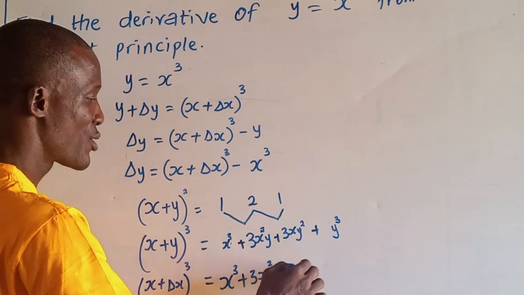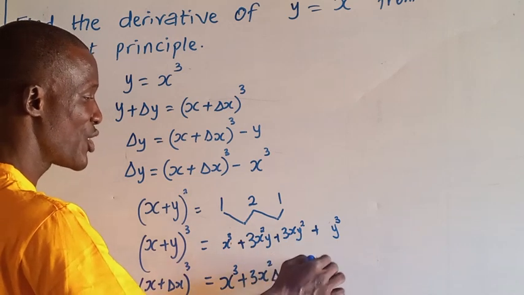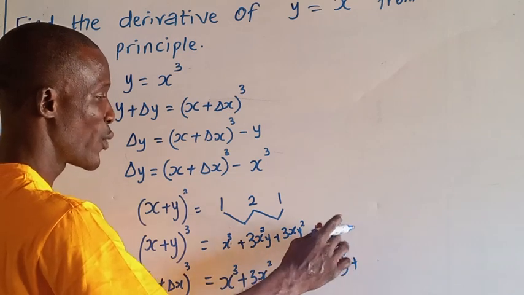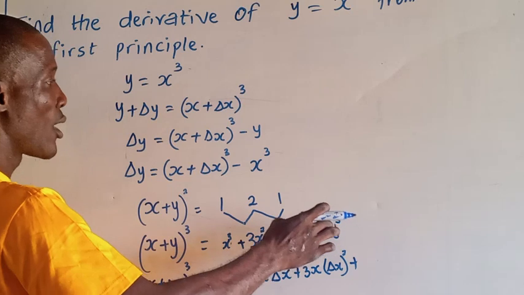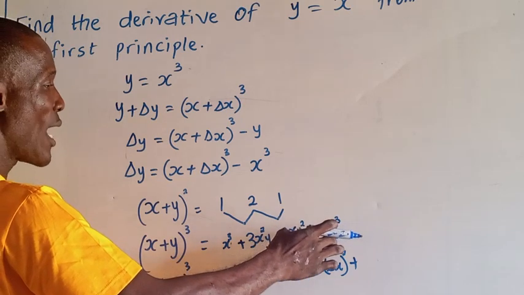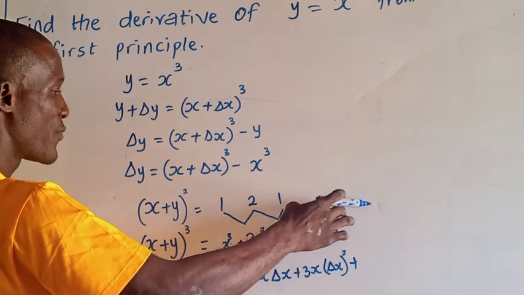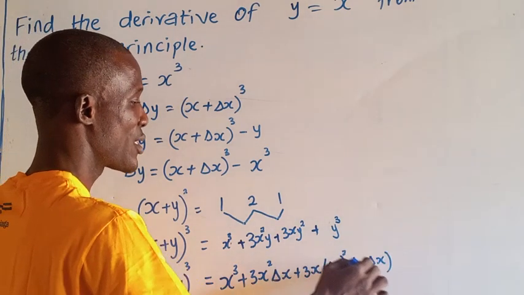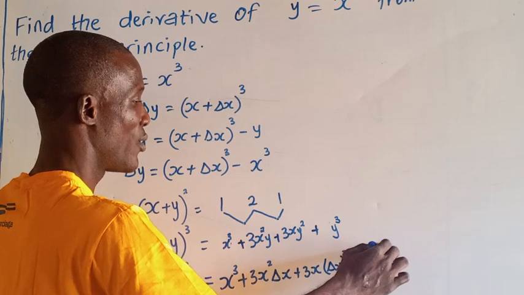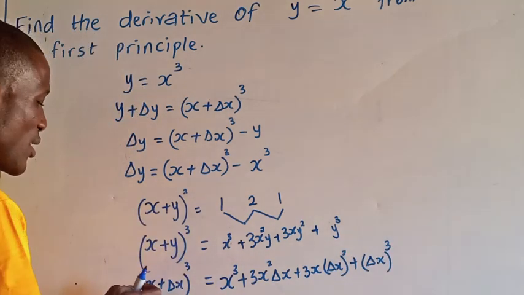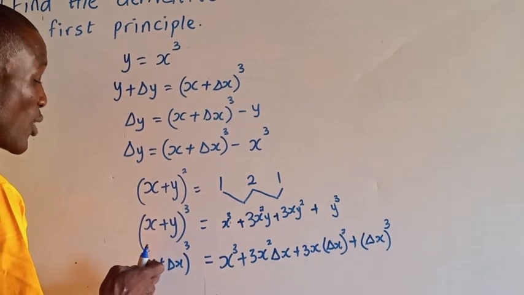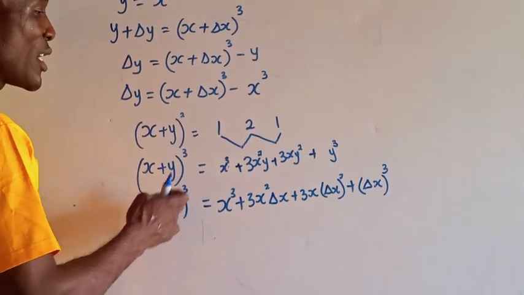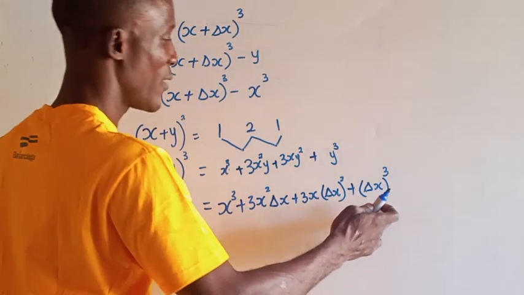Then plus 3x, our y is changing x, so change in x squared. Then plus y raised to the power of 3 is actually change in x raised to the power of 3. So if we expand x plus change in x cubed, this is going to be our final answer.